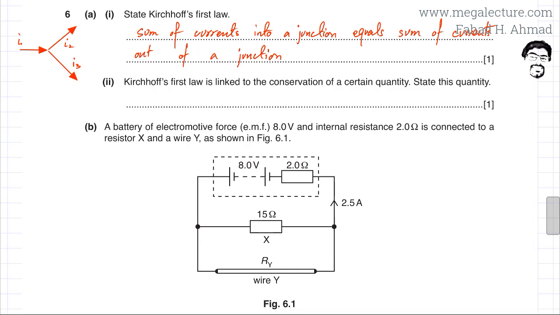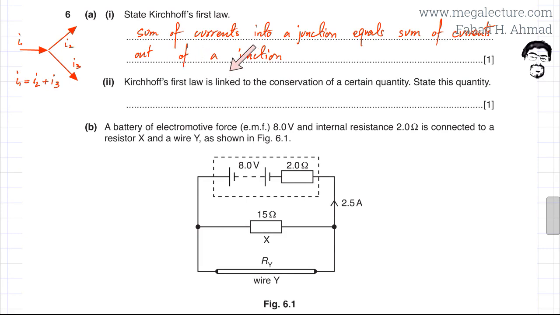Now this basically means that if there is a node where three wires are connecting, and there is current flowing into the node and two currents flowing out of the node, then the sum of currents going into this junction, which is I1, should be equal to the sum of currents coming out of the junction, which means I1 is equal to I2 plus I3.